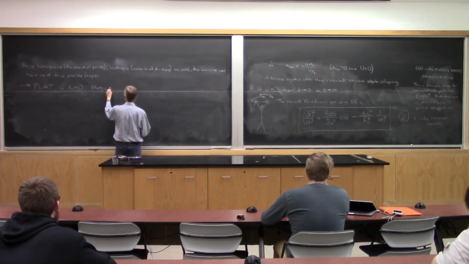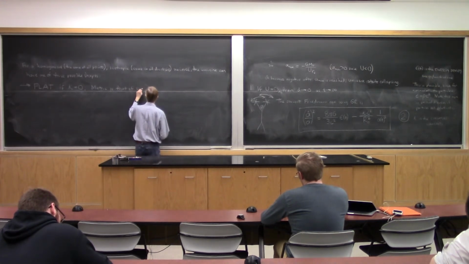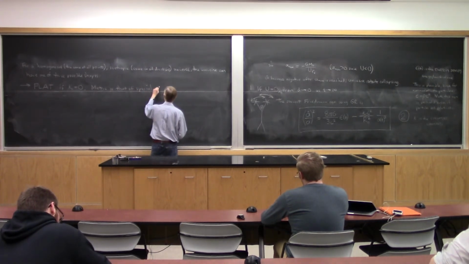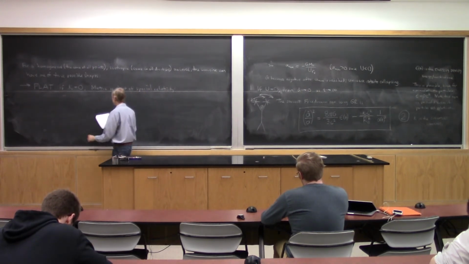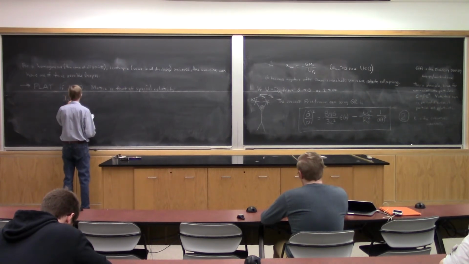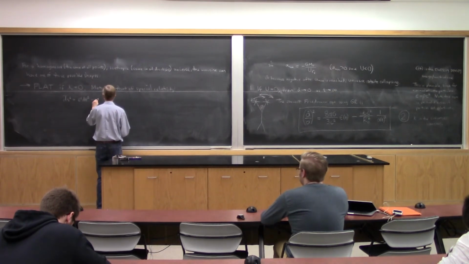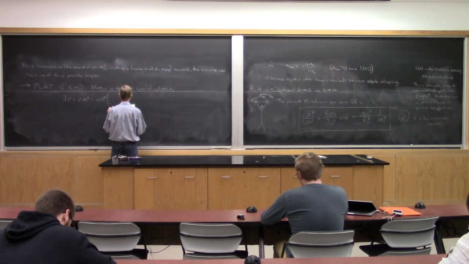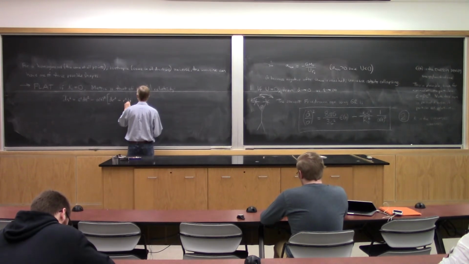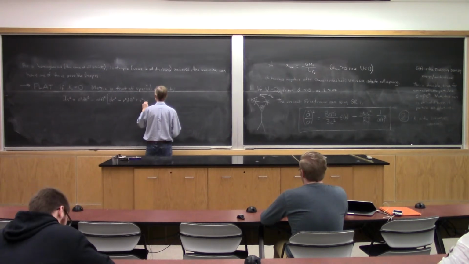the metric is that of special relativity. ds squared is equal to c squared dt squared minus a of t squared times the quantity dr squared plus r squared d theta squared plus r squared sine squared theta d phi squared.